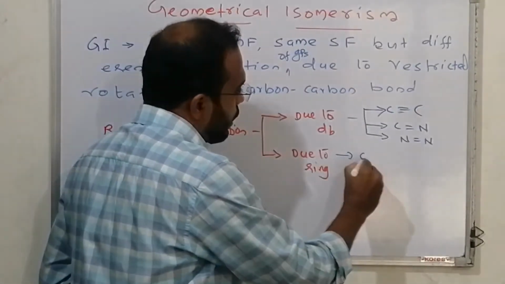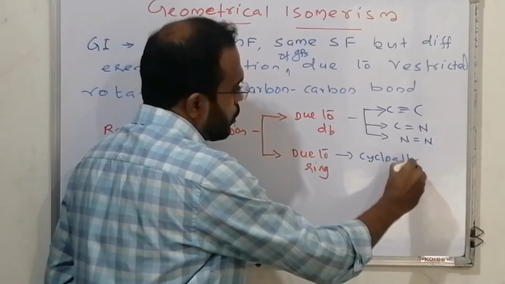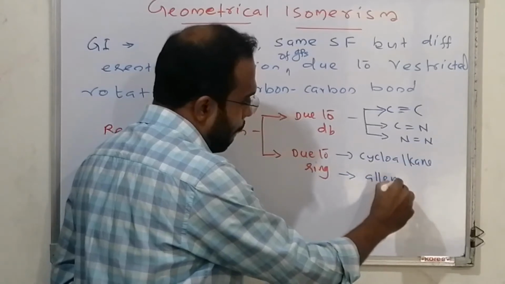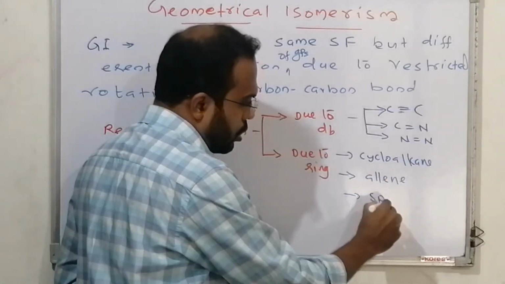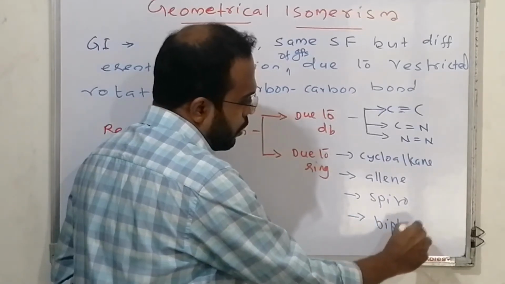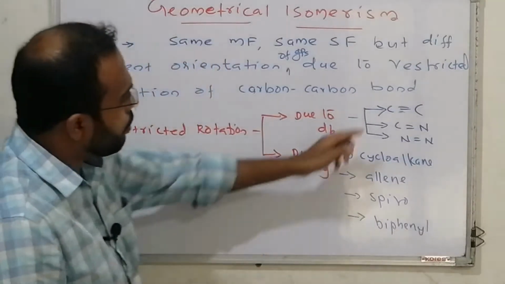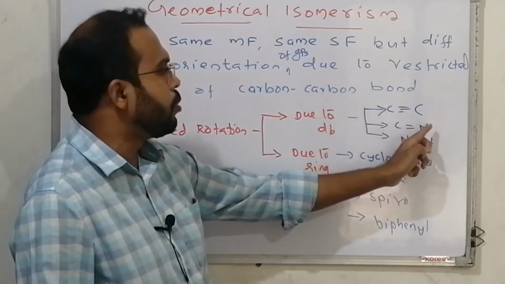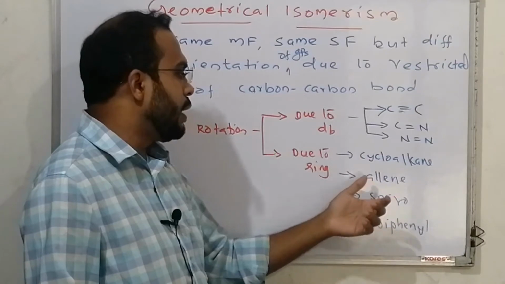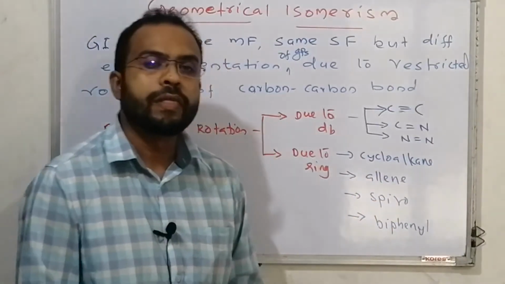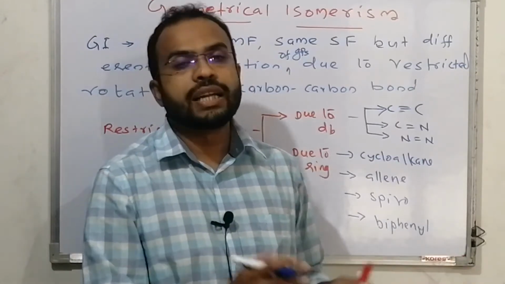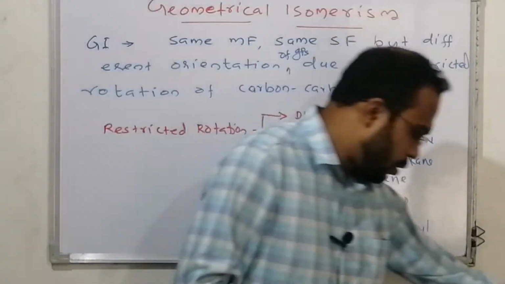A ring, cycloalkane, shows geometrical isomerism. Allenes show it, spiro compounds show it, and biphenyl compounds show it. Therefore, geometrical isomerism can be shown by these molecules if they follow certain conditions. We will discuss the conditions of geometrical isomerism.